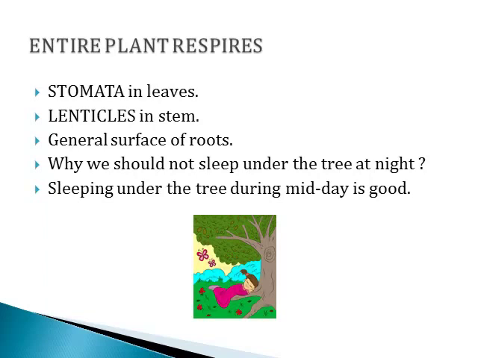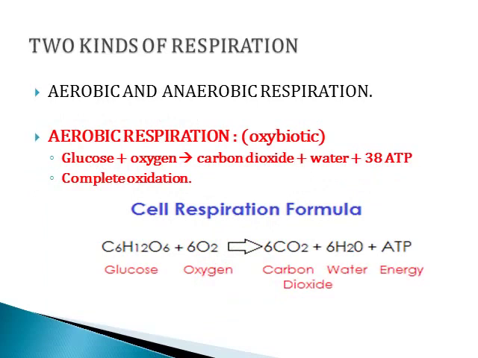Next is two kinds of respiration. Respiration can be done in two ways: aerobic respiration and anaerobic respiration. Aerobic respiration is also called oxybiotic respiration. This itself says that this respiration happens only in the presence of oxygen.